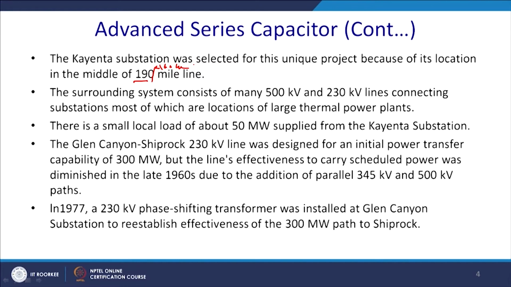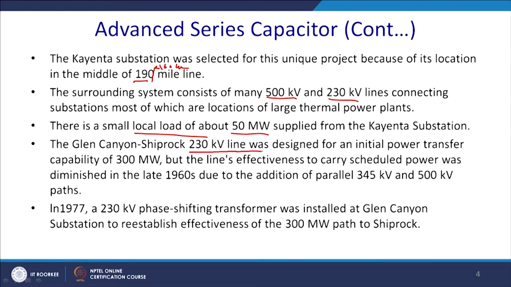The surrounding system consists of many 500 kV and 230 kV lines connecting the substations, most of which are locations of large thermal power plants. And there is also a small local load of about 50 megawatt supplied from the Kayenta substation.